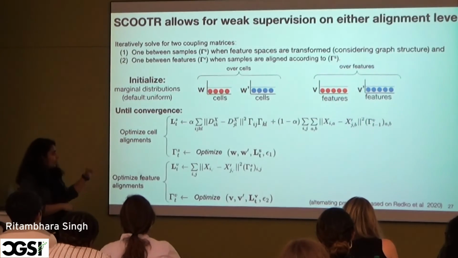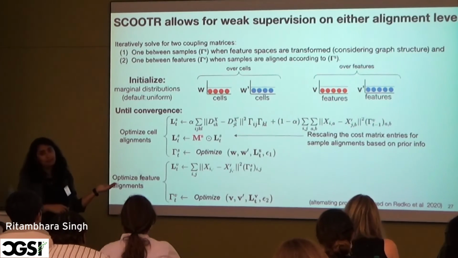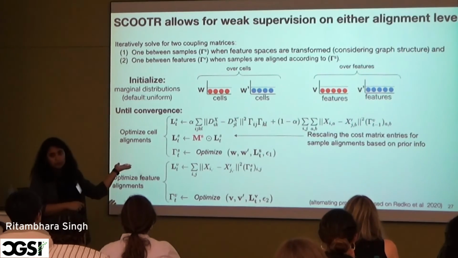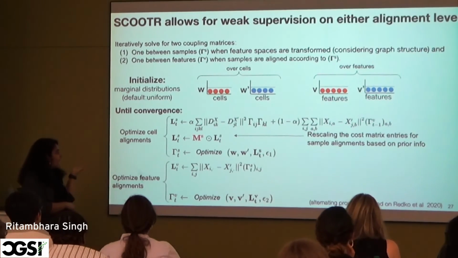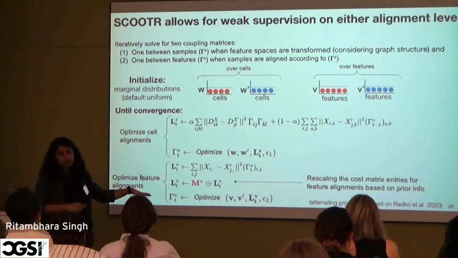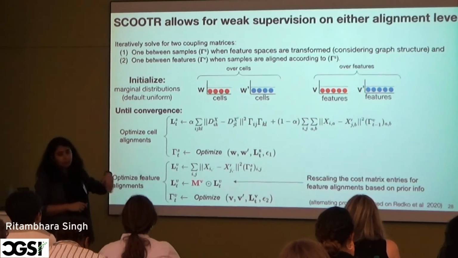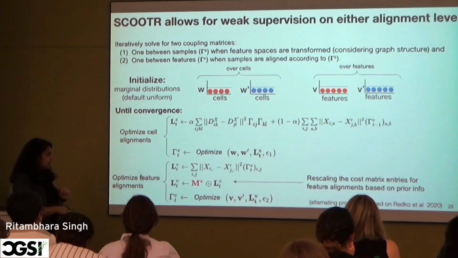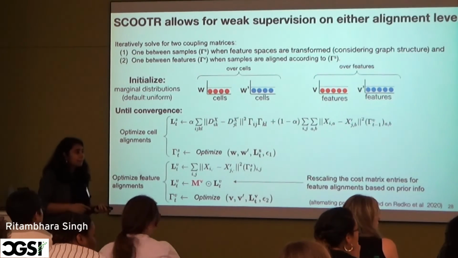Because we are doing this in an alternating way, if we have prior information on the samples, we can give that supervision at the sample level, and if we have prior information on the features, we can give that supervision at the feature level to improve the other level's alignment.